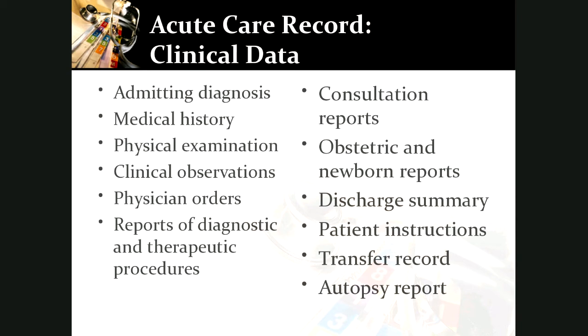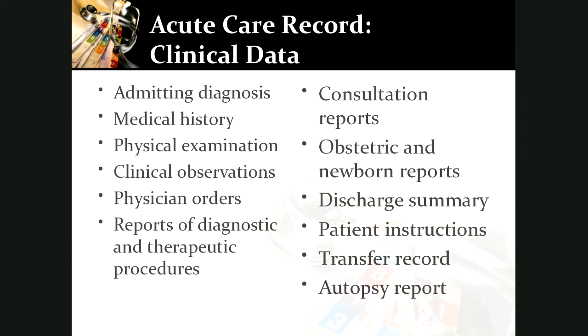Obstetric and newborn reports. Those can be a little tricky, and you wouldn't think so, but remember that copies of the newborn's records, you'll find some of those in the mama's records. So you have to read very carefully and know which one is which.